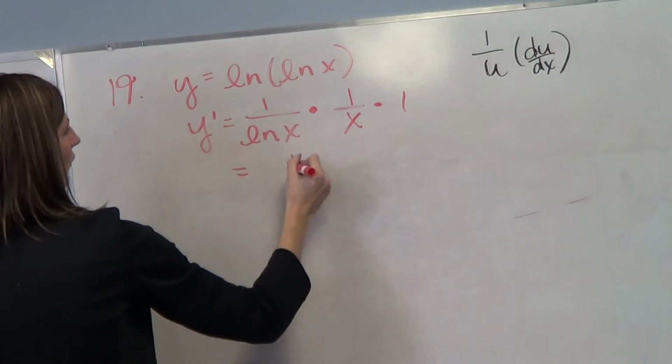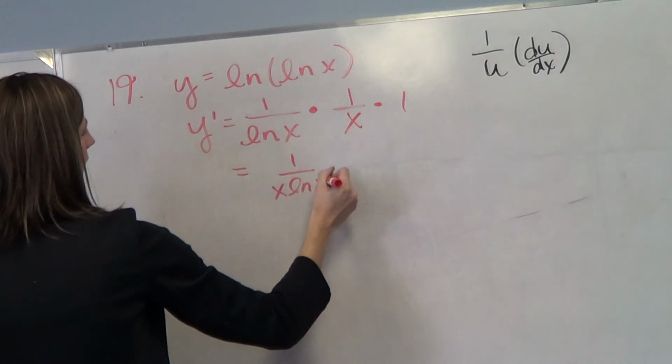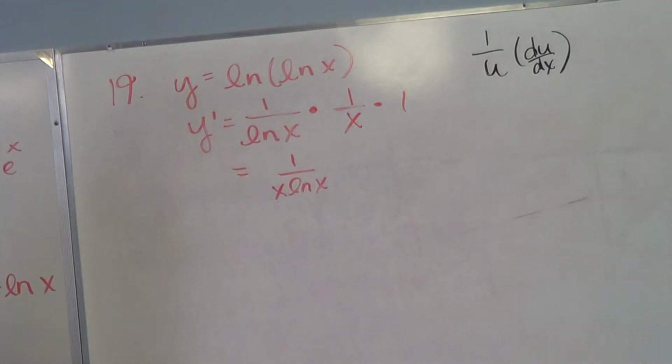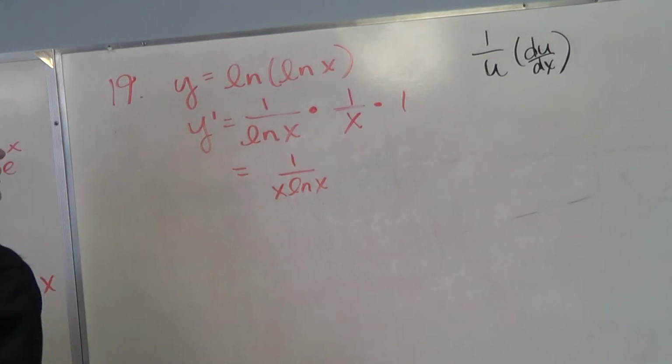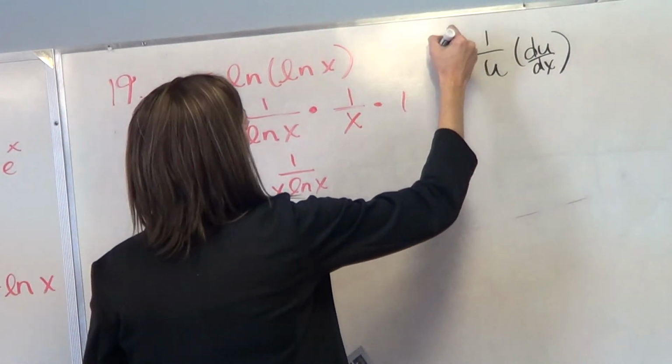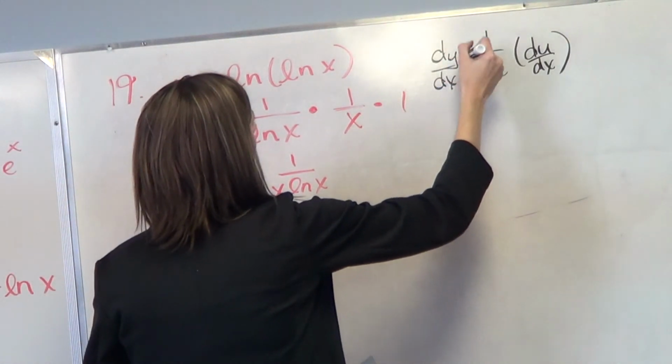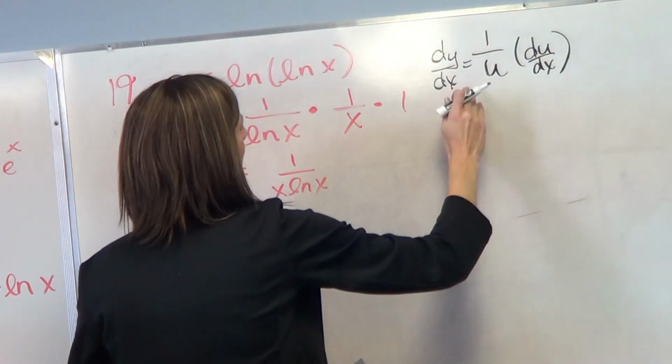So that's why it's 1 over x ln x. There's 2 natural logs in there. So you have to actually do like a chain rule? Basically, yes. Okay, so the derivative of y here. So we take 1, I guess.